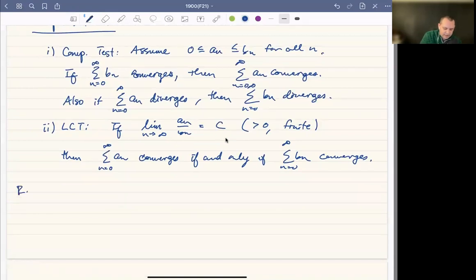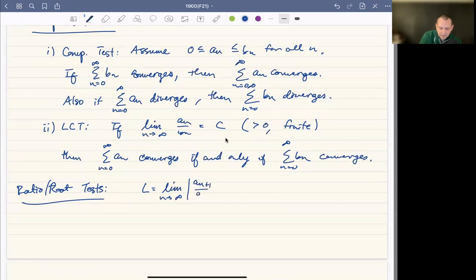And then finally, the ratio and the root tests. So the ratio and the root test say, look at the limit L, which is the limit of the ratio of consecutive terms, a_{n+1} over a_n, or L is the limit as n goes to infinity of the nth root of the absolute value of a_n.